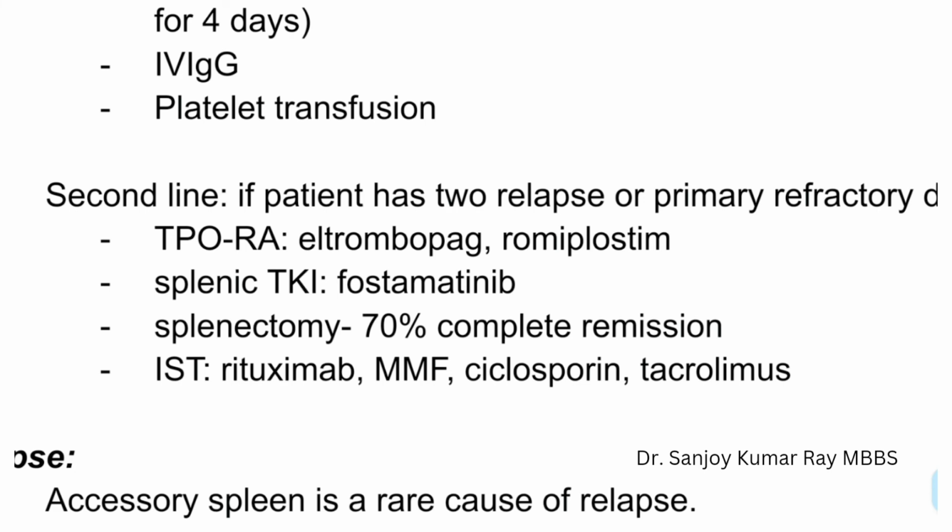In maximum cases, the cause of the relapse is not known, but sometimes an accessory spleen is a rare cause of relapse. Splenectomy was done, but the patient is in relapse, that might be due to an accessory spleen. There may be more than one accessory spleen. So this is all about it.